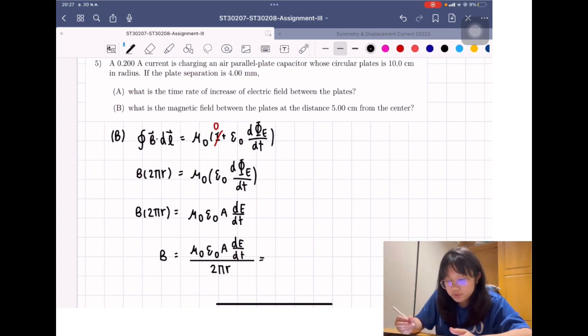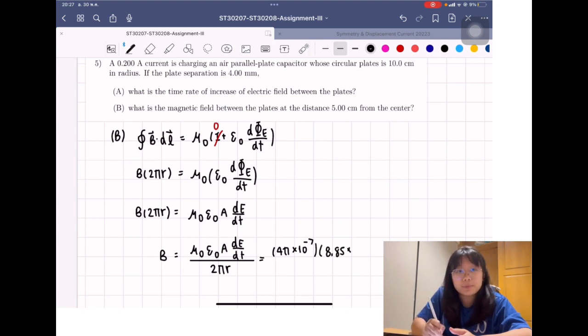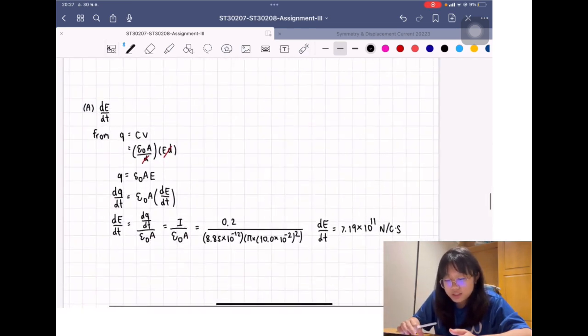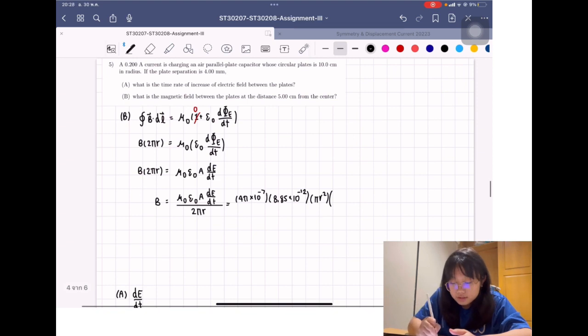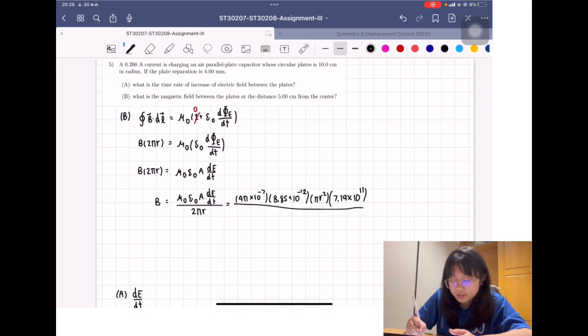So mu 0 is equal to 4 pi multiplied by 10 to the minus 7. Epsilon 0 is equal to 8.85 multiplied by 10 to the minus 12. The area is equal to pi r squared, and dE/dt from the last question is 7.19 multiplied by 10 to the 11, divided by 2 pi r.